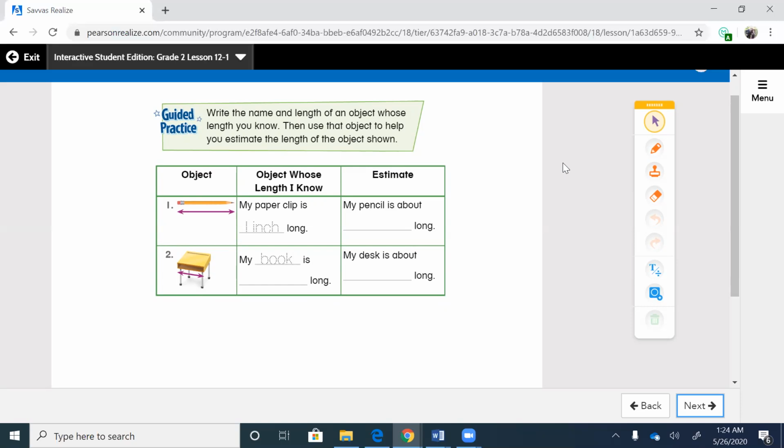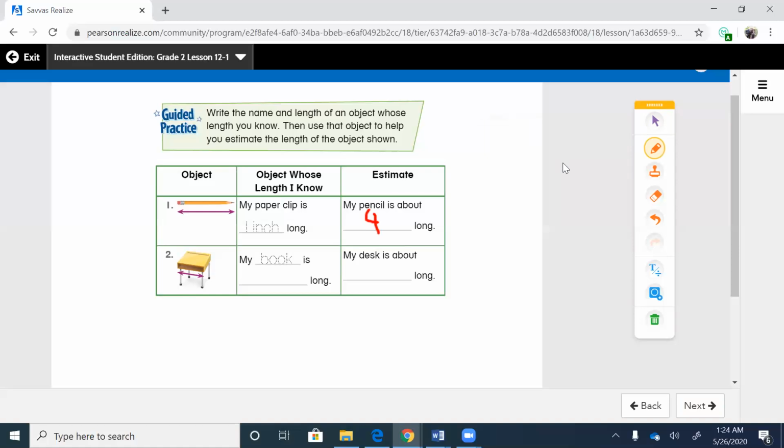Okay, I'm going to say that a pencil would probably be about, well, it also depends on how long the pencil is, right? Some pencils are short. If you've been using it for a long time, a brand new pencil is going to be longer. So I'm just going to go with a medium-sized pencil and just say it is 4 paper clips long. So that would mean it's 4 inches.